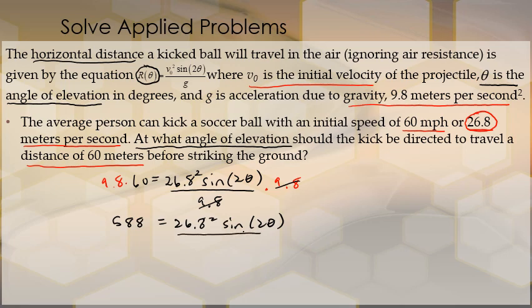And when I do that, I think that will get my sine by itself. Now I have a feeling I'm going to get a decimal approximation. If you put 588 divided by 26.8 squared into your calculator, what do you get? Let me go ahead and just plug that into my calculator.